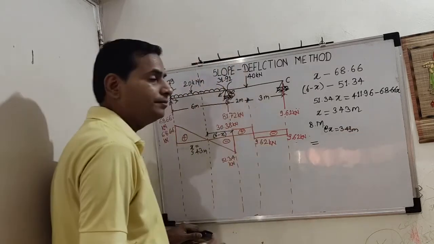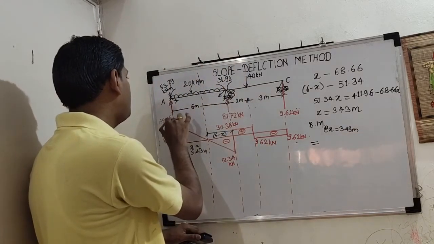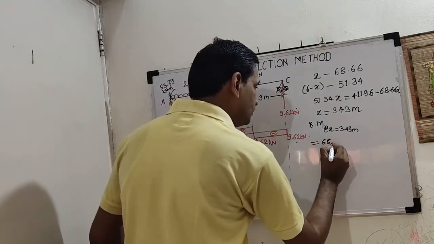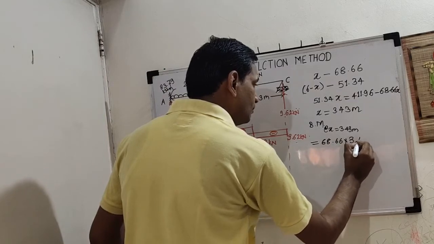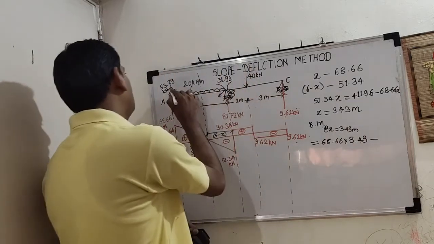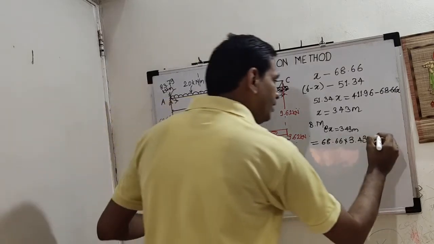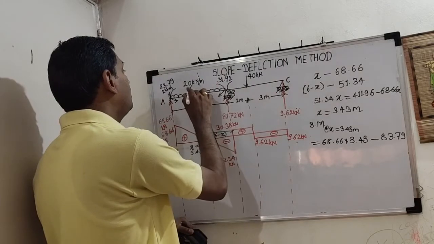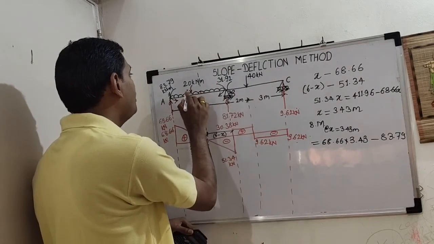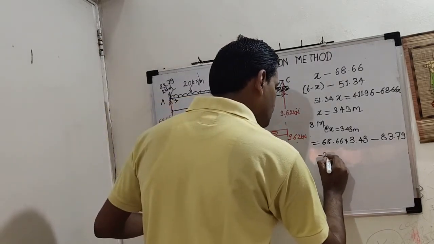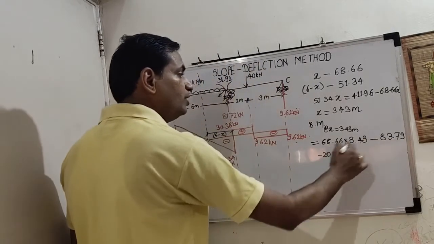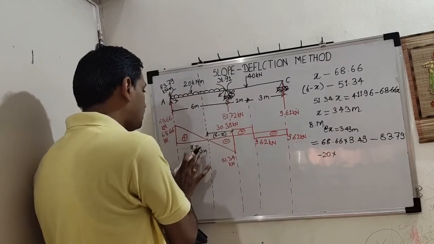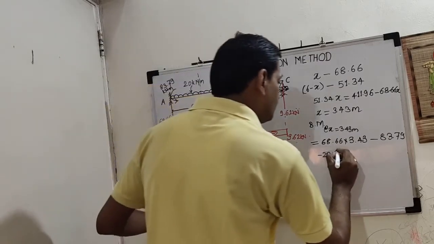What will be the equation? 68.66 into 3.43, next minus 83.79, next moment due to 20, so minus 20 because this is anti-clockwise, both these are anti-clockwise, hence minus, so minus 20 into 3.43 square by 2.